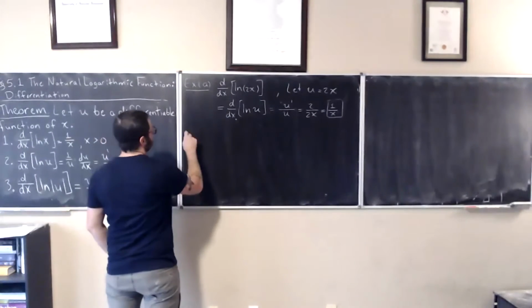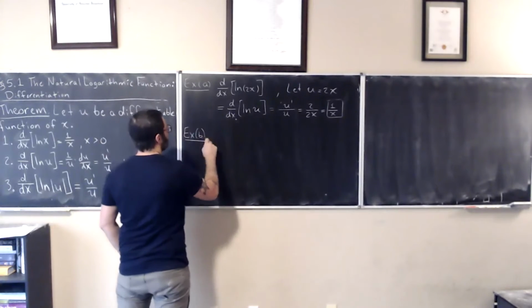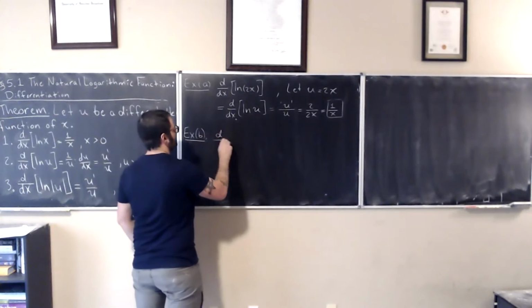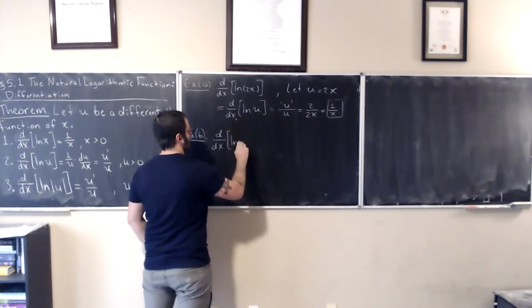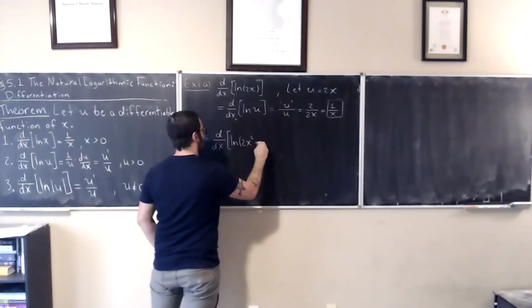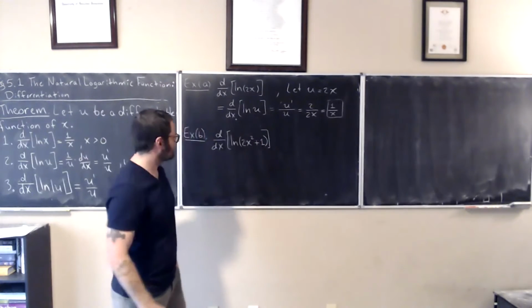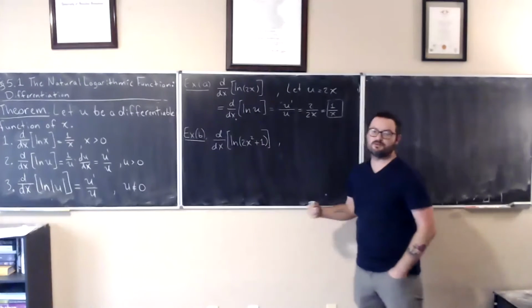So let's look at another one. Let's look at the derivative of the natural log of, say, 2x squared plus 1. So again, we can write this as ln of u.